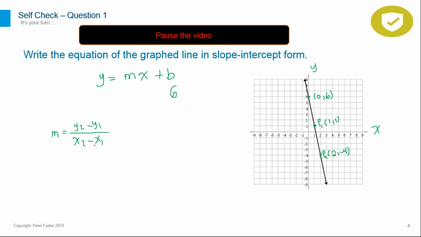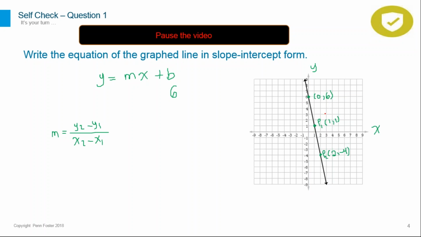I need to keep the order. If I'm going to start with y2 minus y1, then the bottom part has to be x2 minus x1. You can switch. You can do y1 minus y2, but then on the bottom you have to do x1 minus x2, and it should give you the right answer.